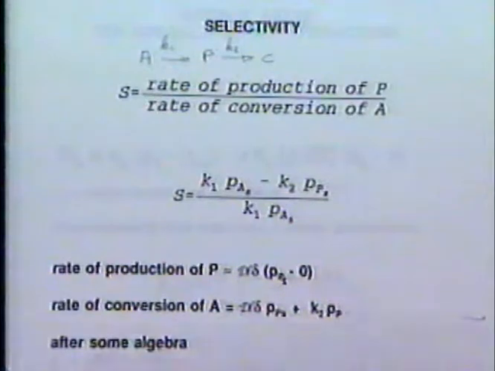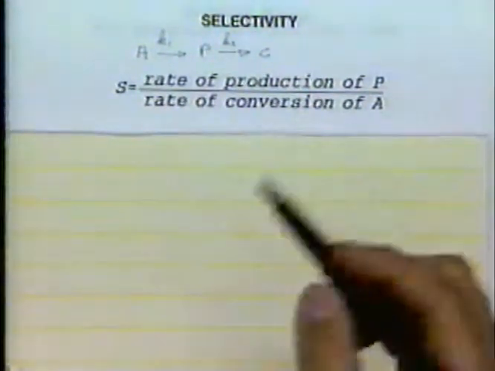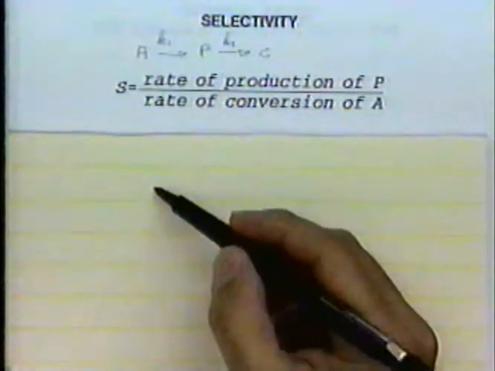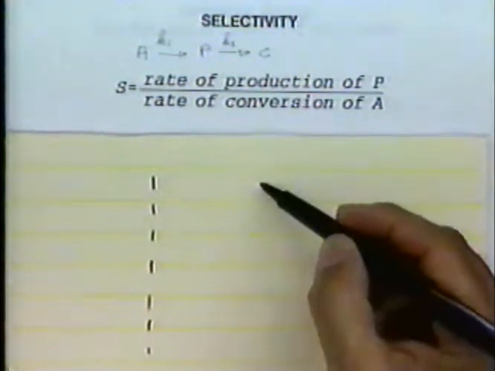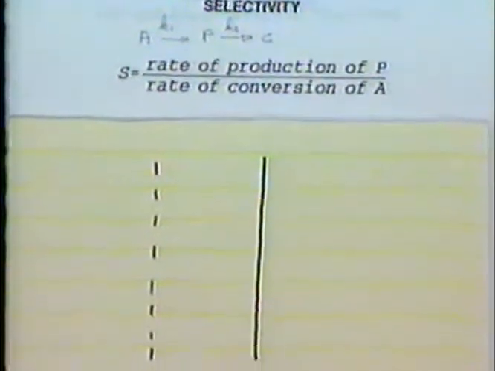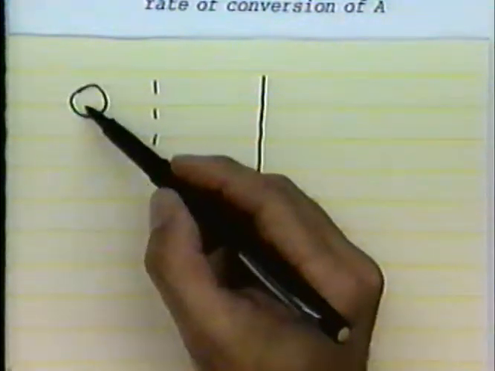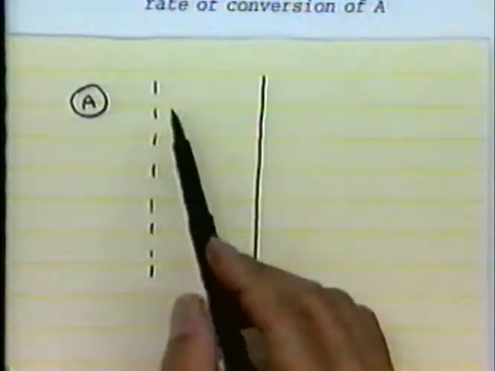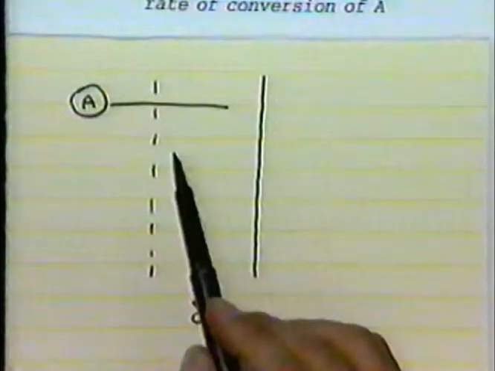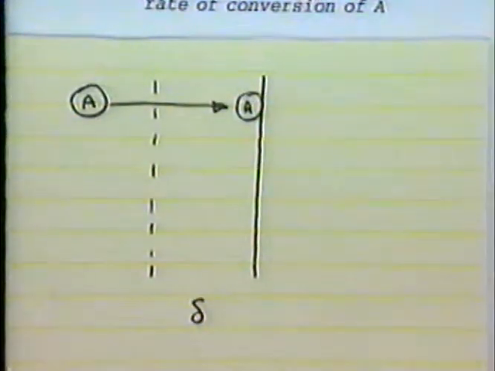well, let's look at the drawing and see what this means, what will happen. Again, we have a solid surface. We will have a mass transfer resistance concentrated in a film of thickness delta. We will have our reactant A, which in order to react has to reach the surface, and we have A on the surface.